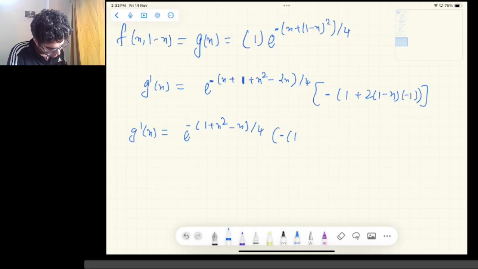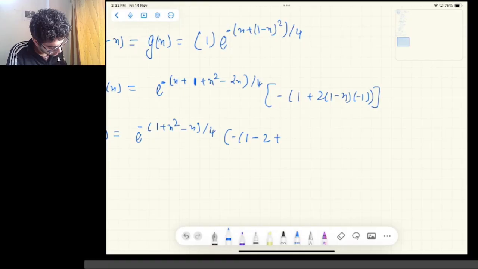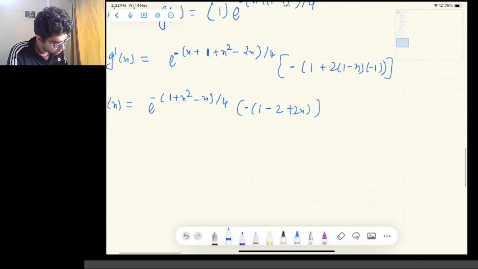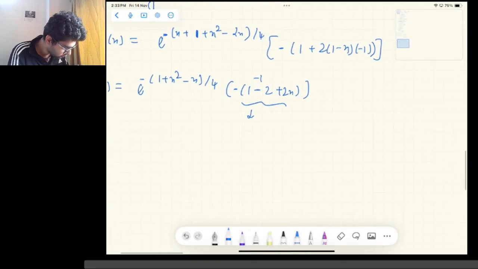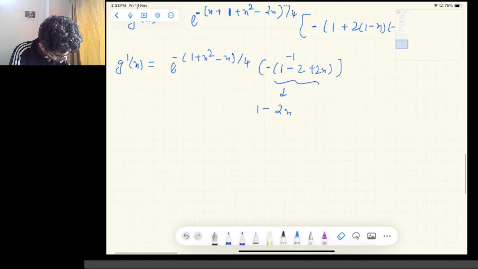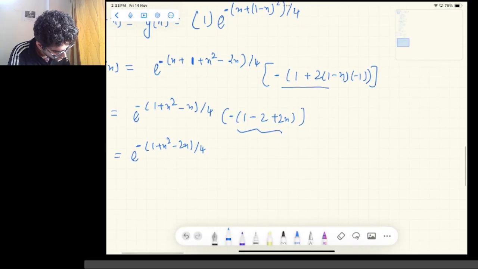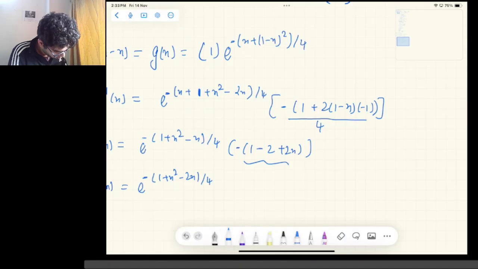So ultimately this expression becomes 1 minus 2x minus 1 plus 1 minus 2x, right? So if I just remove this, I'll be getting g dash x as e to the power 1 minus 1 plus x square minus 2x divided by 4, or wait, I would also have a 4 here, right? So if I find the derivative, I'll be left with the 4 here also. So 4 will also come here.